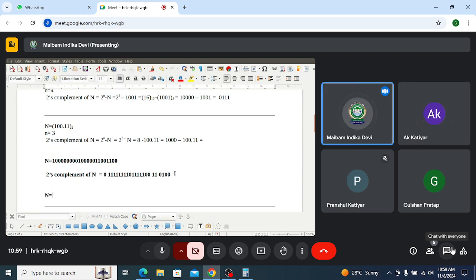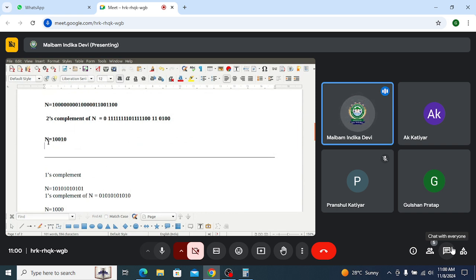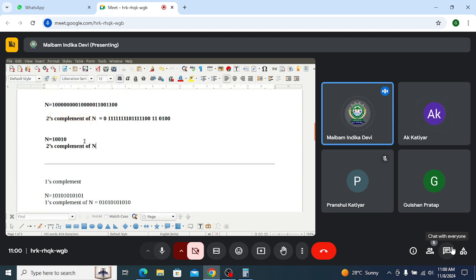For n equals 1, 0, 0, 1, 0. Okay, so let's find by using 1's complement. Before doing that, let's find 2's complement by using this method, method number 2.